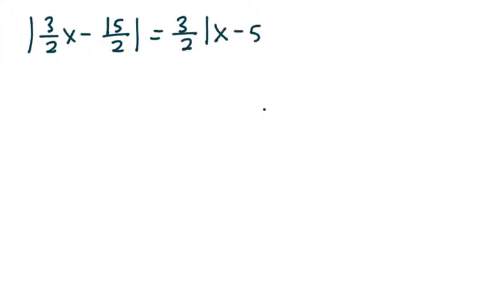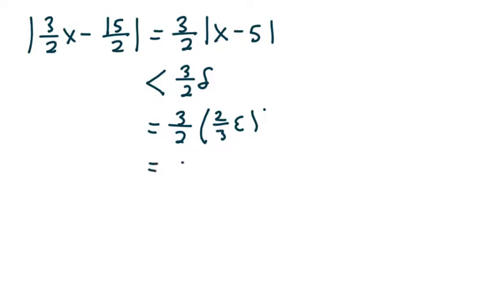Now, 3 halves x minus 15 over 2 is 3 halves times the absolute value of x minus 5. But that's less than, remember, well, here, I'm going to write 3 halves delta because that's what we're given. But remember that delta is 2/3 epsilon. And so this is 3 halves times 2/3 epsilon, which is equal to epsilon.